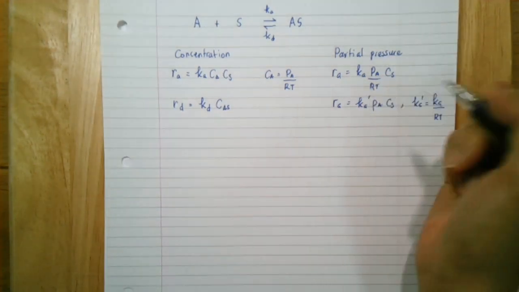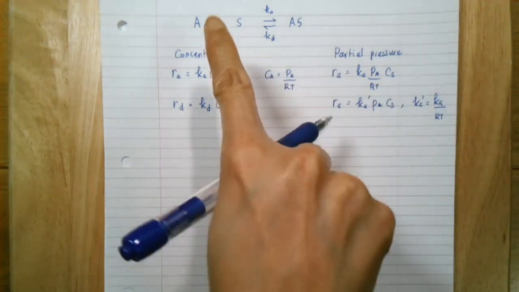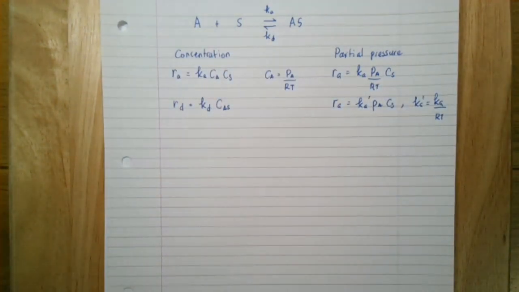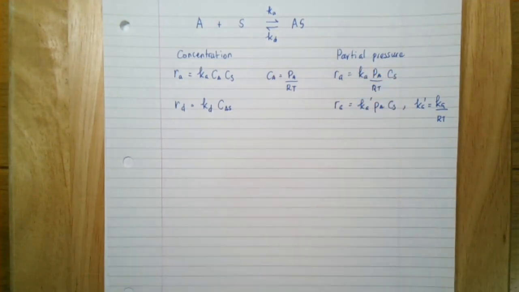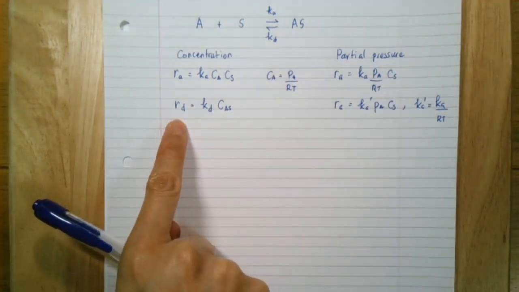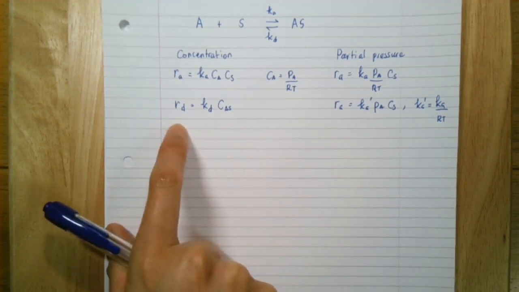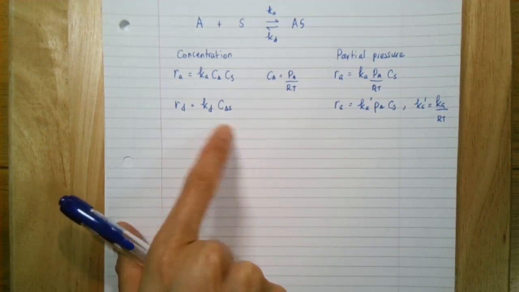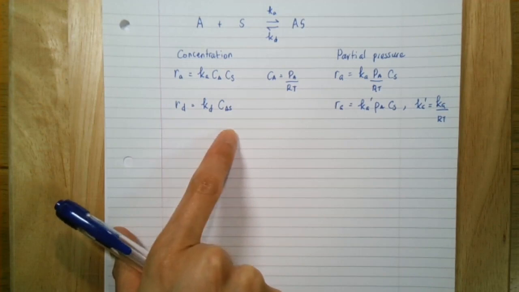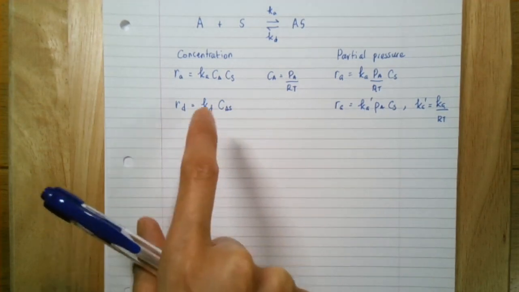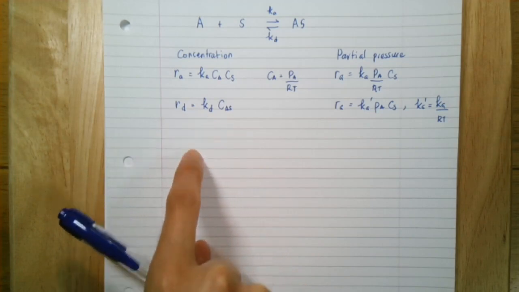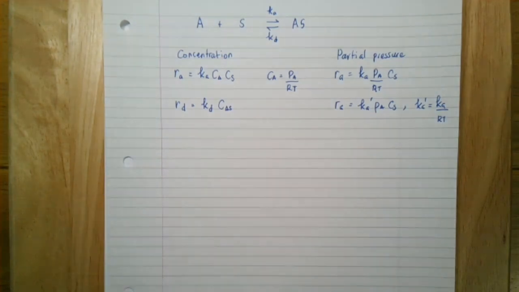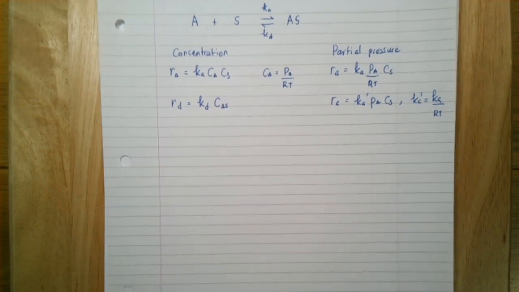The prime denotes that the composition of the bulk phase is now expressed in partial pressure. For the rate of desorption, there is no composition of the gas phase, but it's good to be consistent and represent Kd as Kd prime so that we know that the composition of the gas phase or the bulk phase is expressed in terms of partial pressure.